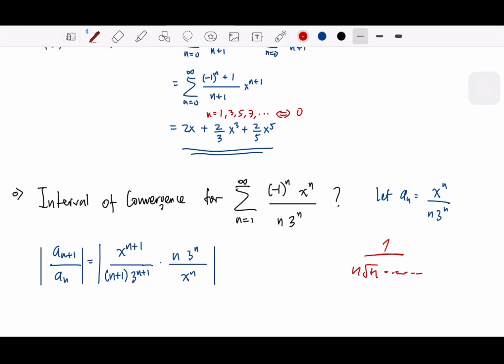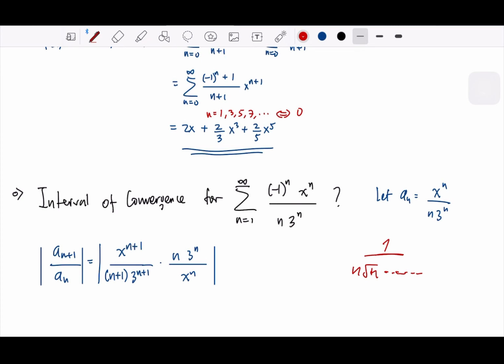If you have something like 1 over n squared plus maybe sine n, any complexity here, what method would you suggest? The most logical method, the easiest to use. Yes, comparison. So you can have either direct comparison or limit comparison test.